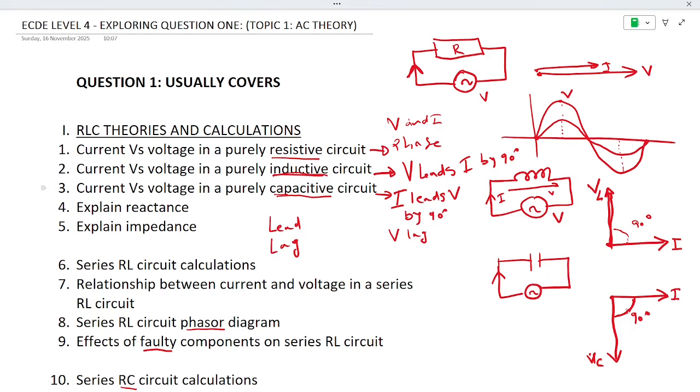With the capacitor, the voltage is out of phase with the current leading. So when the voltage is leading, the vector is pointing up, and when the current is leading, which means the voltage is lagging, the voltage is going to be pointing down. So that's how it is.